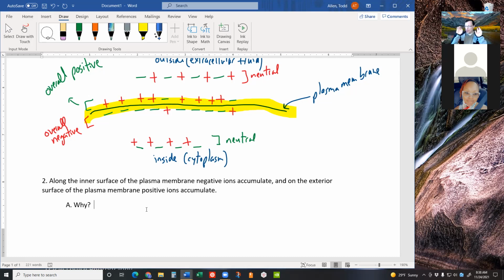So since we have more potassium ion channels than sodium ion channels, we are leaking more potassium ions out of the cell. Potassium ions have a positive charge, so therefore these positively charged potassium ions leak out of the cell and accumulate on the exterior surface. That explains why there's an overall abundance of positive charge outside.